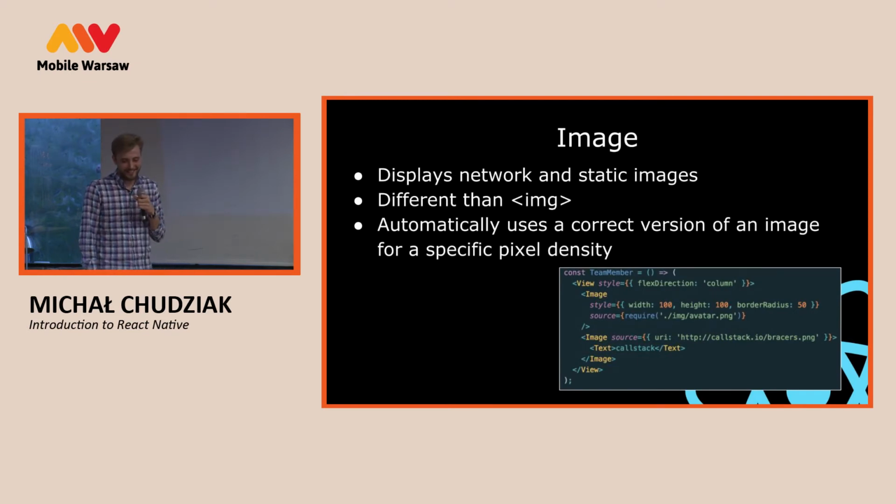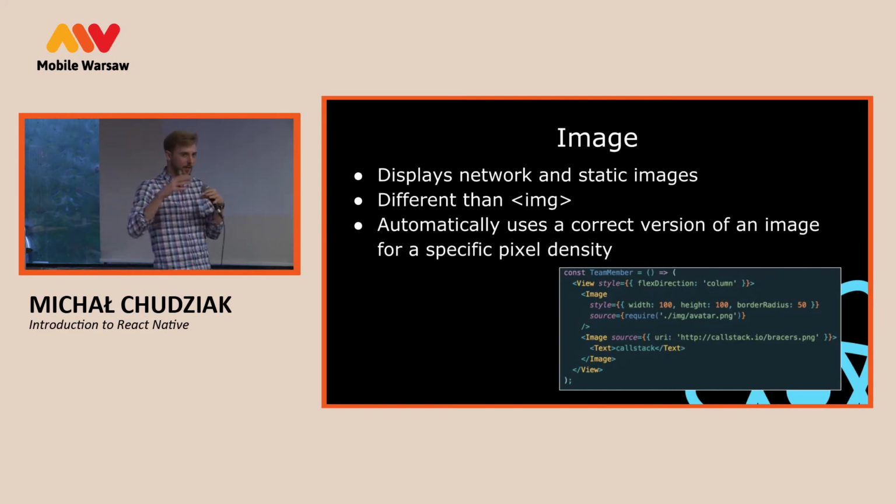Images. It's actually great that React Native handles images very well, because you just have to require your image, and if you have @2x and @3x versions for higher pixel densities, then they will be automatically used for your device.